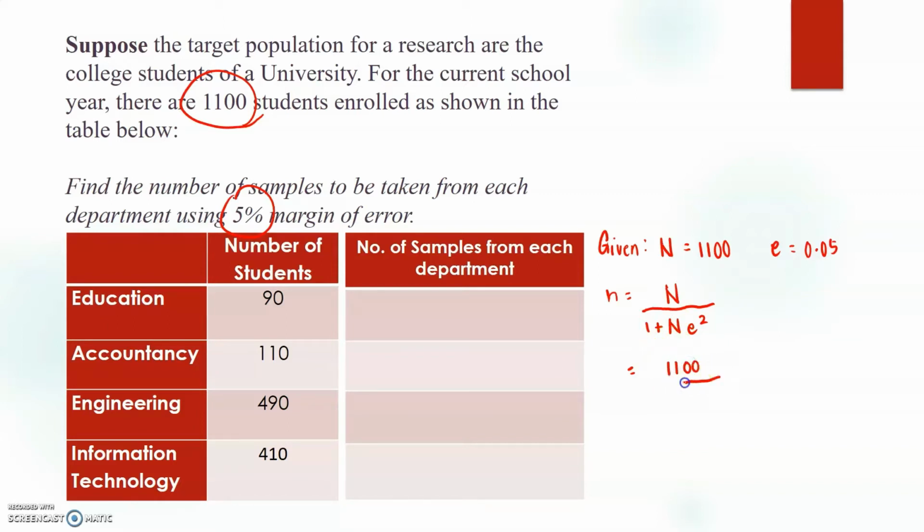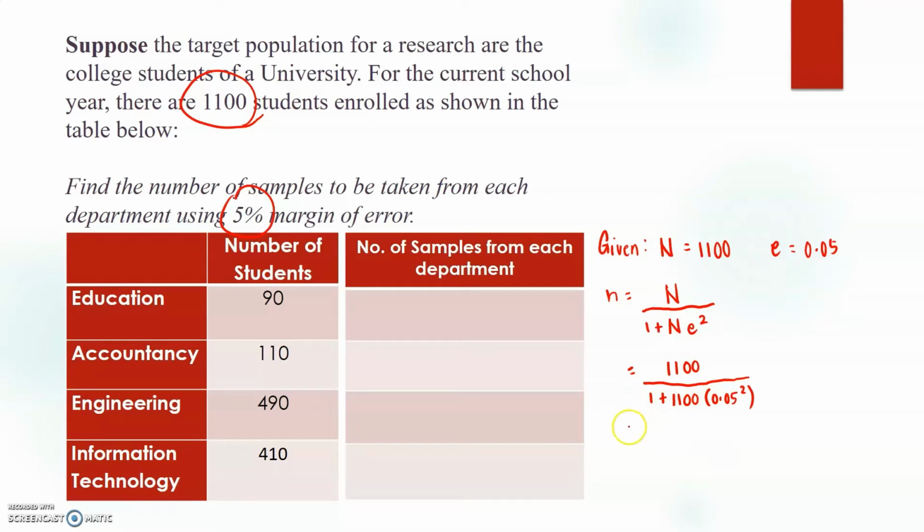Plug in our values, so we have 1,100 over 1 plus 1,100 times 0.05 squared. Alright.